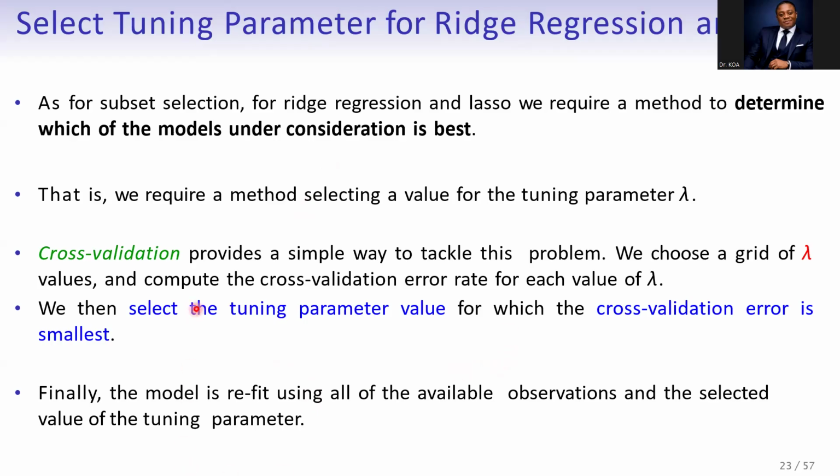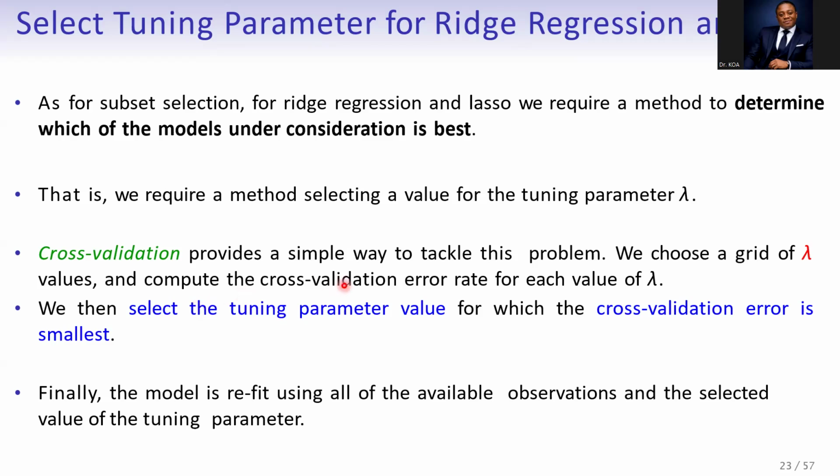After that, the model is refit using all of the available observations. Watch the words: using all of the available observations. At first you were using cross-validation, but now you are using all of the available observations. Then you select the hyperparameter tuning value that gave you the lowest cross-validation error.